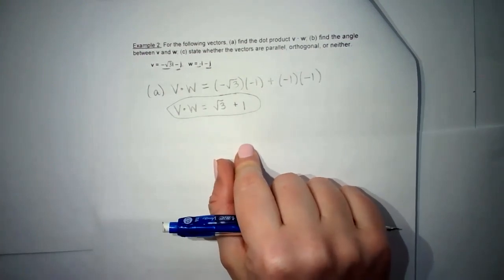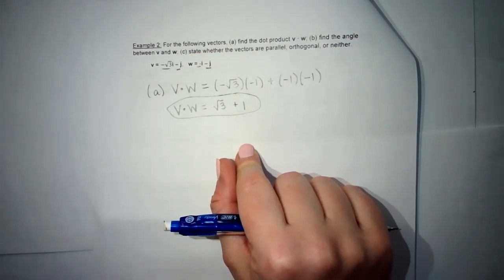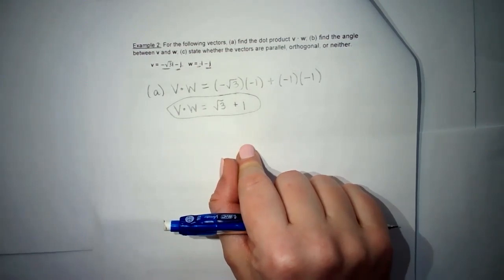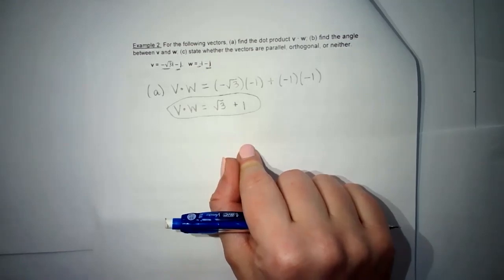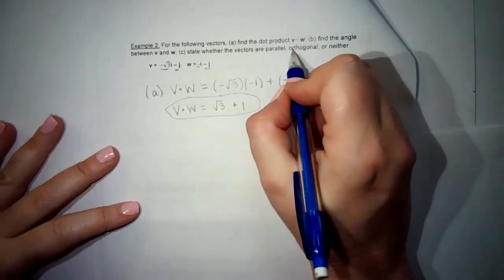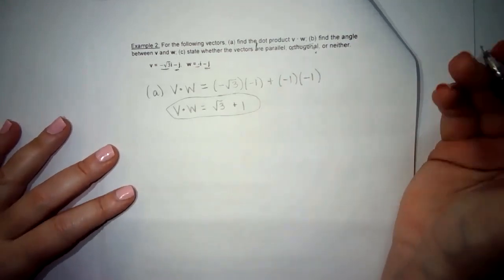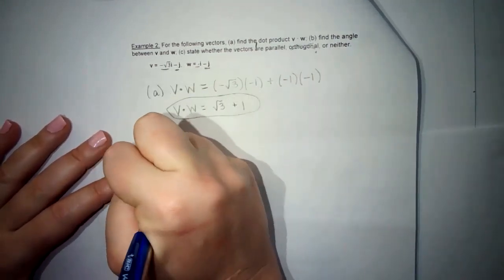Are they going to be parallel? Well, I don't know. There's really no way for me to tell parallel until we get to the theta. Orthogonal, you can know from the dot product. Parallel, you have to look at your theta. So this is either going to be neither or parallel, but I know it's not orthogonal.